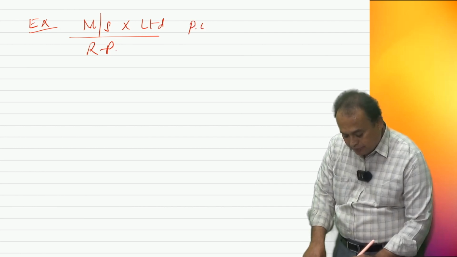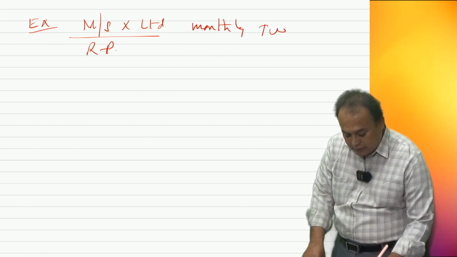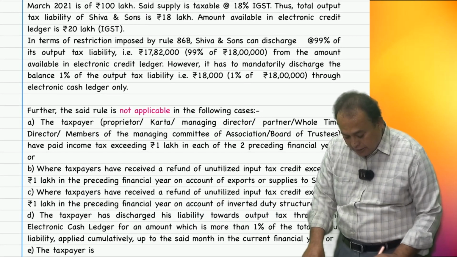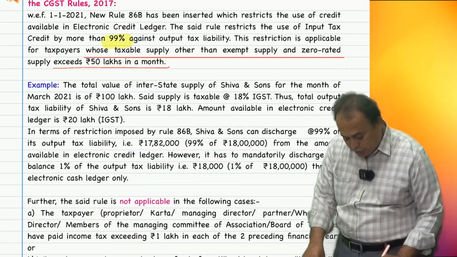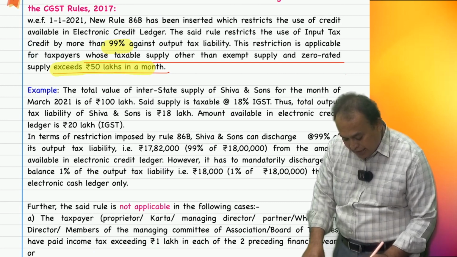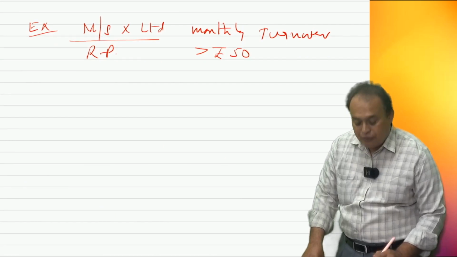Here the monthly turnover is more than 50 lakh rupees, exceeds 50 lakhs in a month. So monthly turnover more than 50 lakhs.